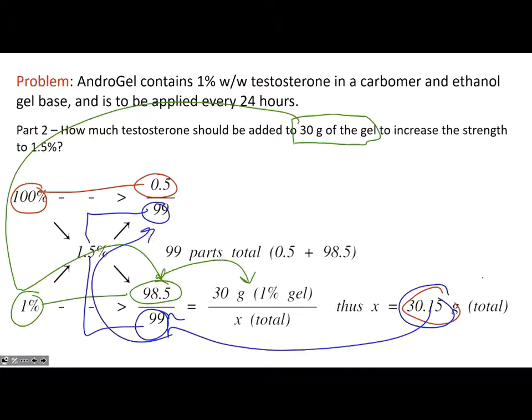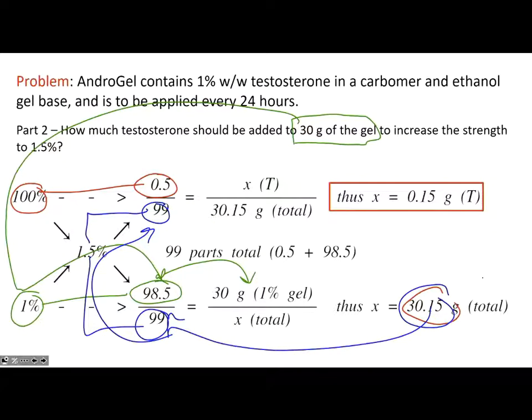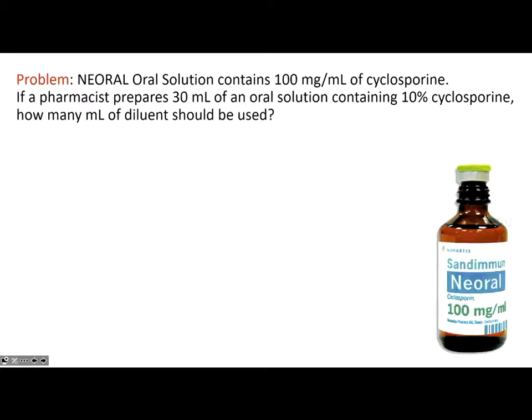That's the same 99 as that. So I can set that equal to X over 30.15. And now X on top is solving for the weight of the testosterone. So if you set up that proportion and do the math, it turns out that X is equal to 0.15. And that's how much testosterone to actually add to the 30 grams of gel to get a total concentration of 1.5%.